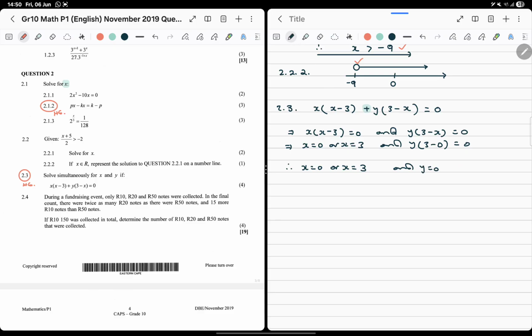Right. But we need to state it that here, when x is 3, this is going to be 3 minus 3, that's 0. This already goes. So what does this mean?